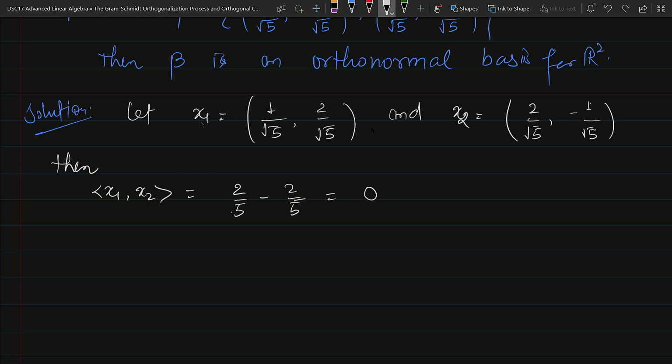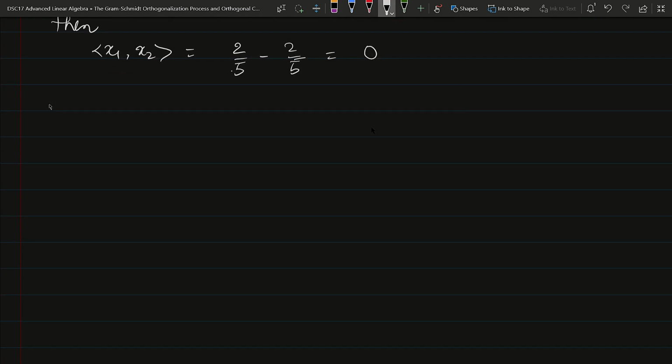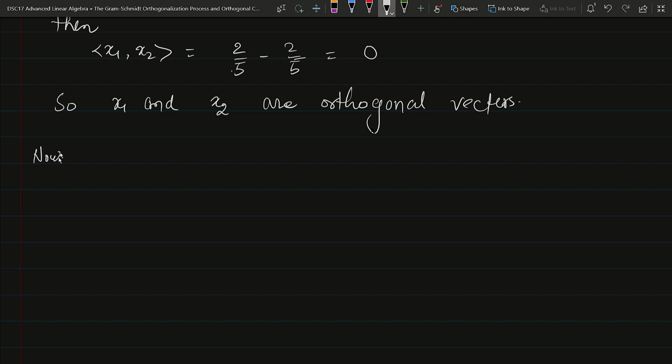So you can say x1 and x2 are orthogonal vectors, because the value of their inner product is 0. Now what about x1 with x1? That is the norm, or you can define this as x1 square.